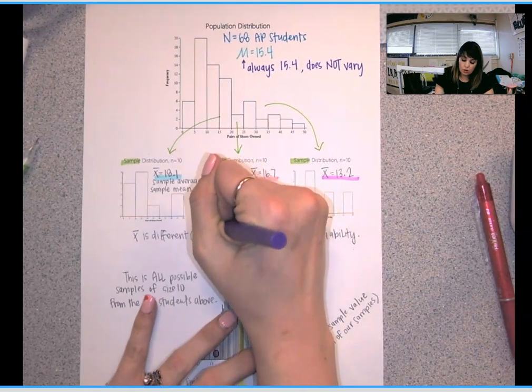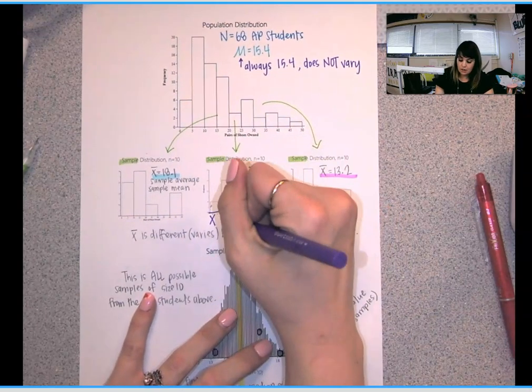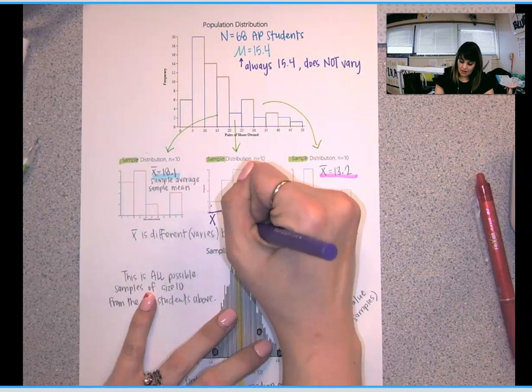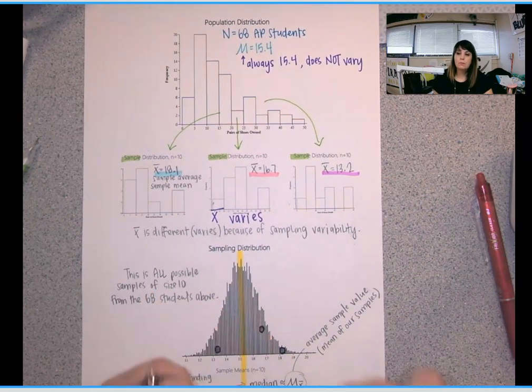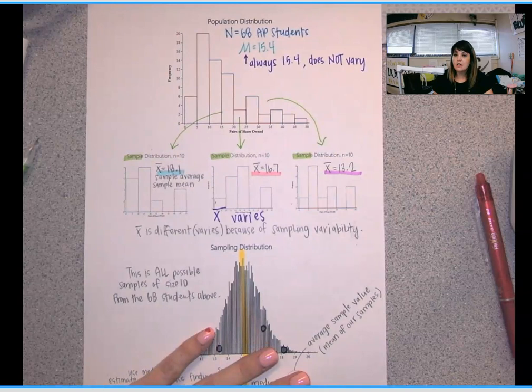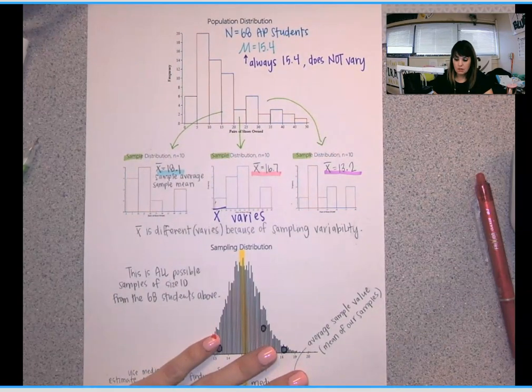So we know that x bar does vary. X bar varies. Or the mean of the sample distributions varies. That is going to show up on your test.